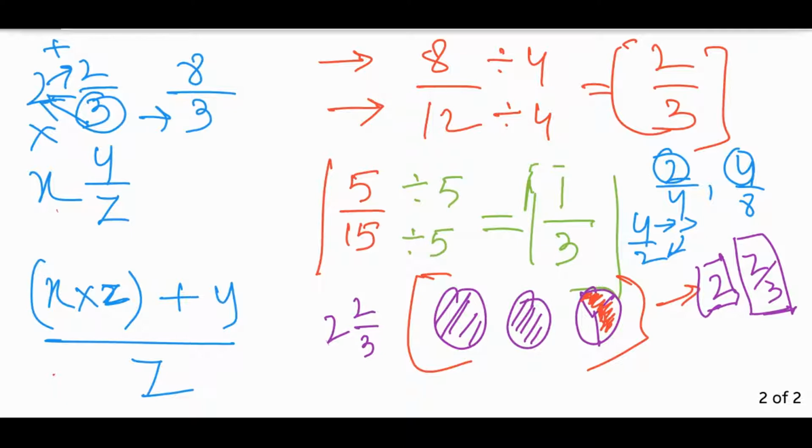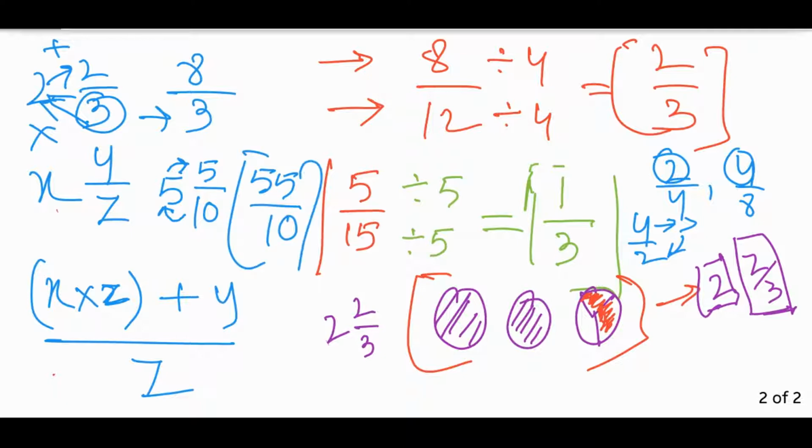I'll give you one more example. 5 and 5 by 10. So what I have to do is multiply this 5 with 10, it will give me 50, and then 50 plus 5 gives me 55, and we keep the denominator the same, 55 by 10. Alright, so before we had a mixed fraction, now we have an improper fraction.